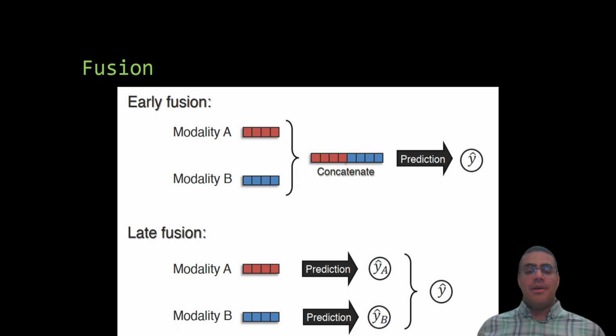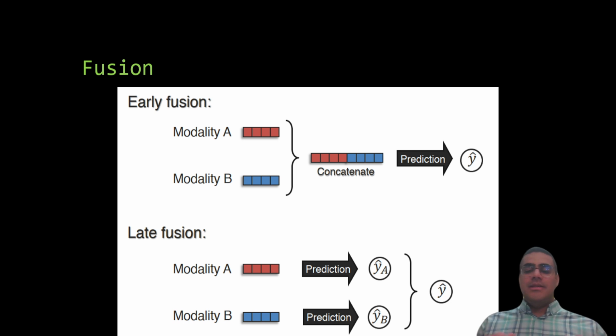Okay. Yeah, also a very quick note on fusion. Fusion means combining the different information of different modalities. We have two kinds of fusion. The first one is early fusion, and we also have late fusion. Early fusion means that we combine the representation of different modalities before making a prediction.